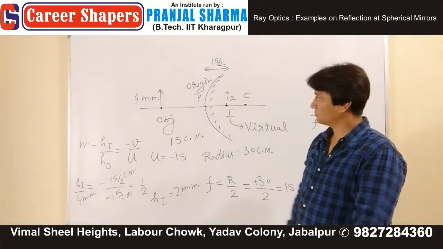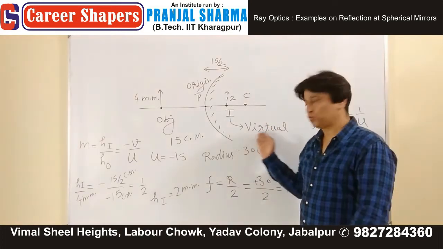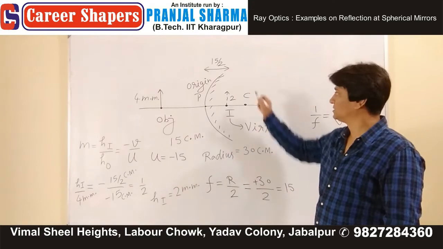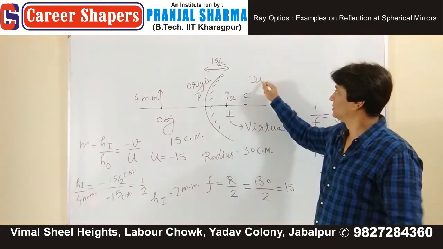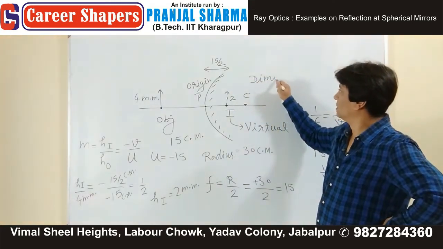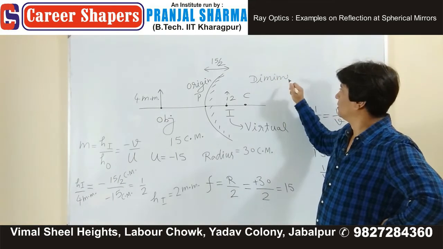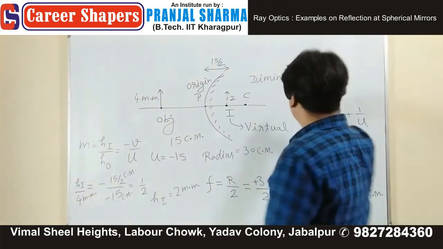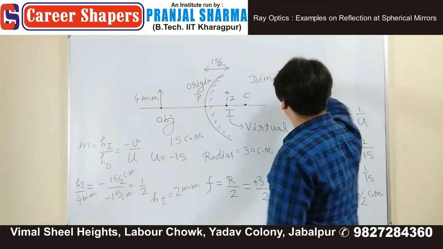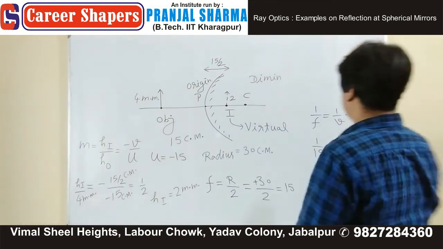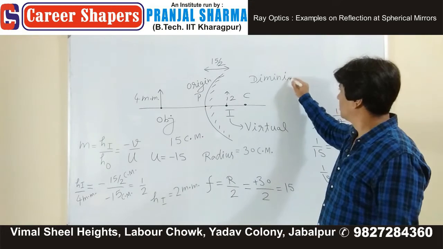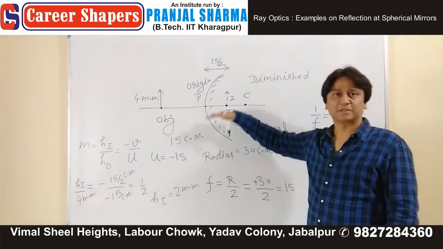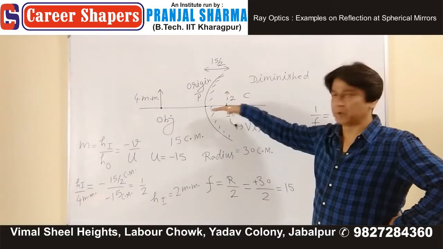Now, we have got a virtual image, reduced in size, diminished, and it is on the same side of the principal axis.